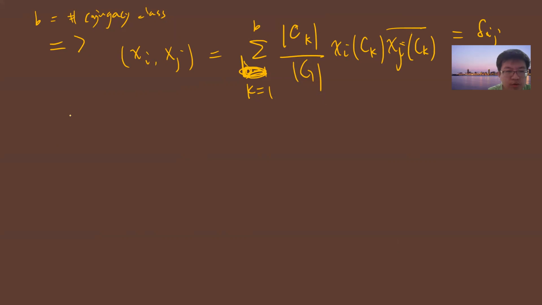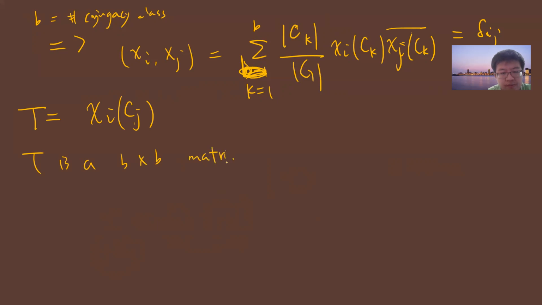Very difficult. Okay, so let's write T as a matrix. Basically, it's chi_i(C_j). Once I label the conjugacy classes by j, and I label the different irreducible representations by i, and we already proved they are the same in number, T is a square matrix. So T is a B by B matrix, as we already proved previously.